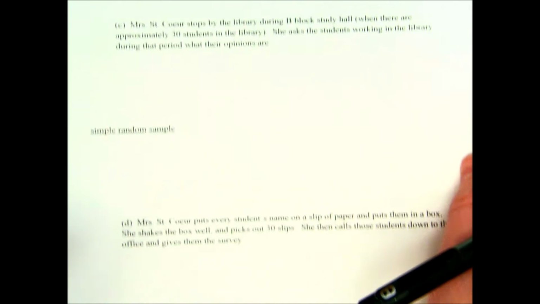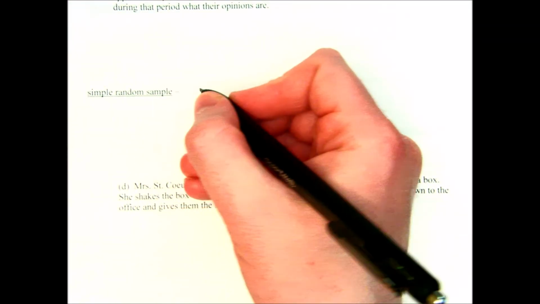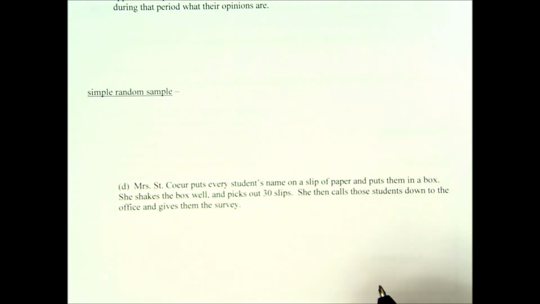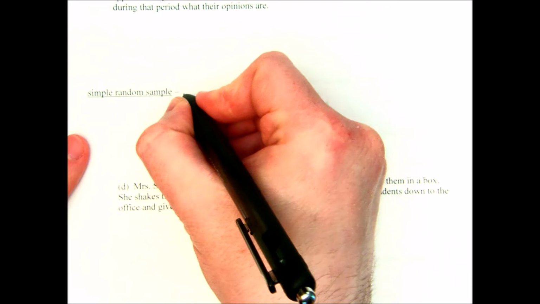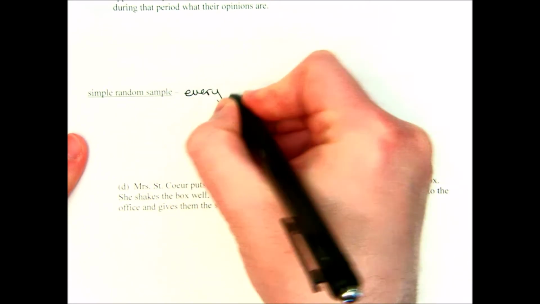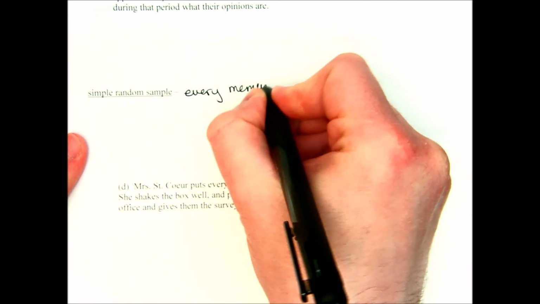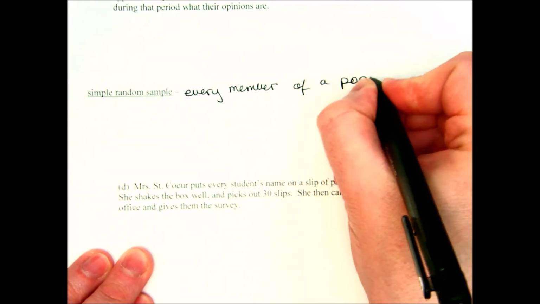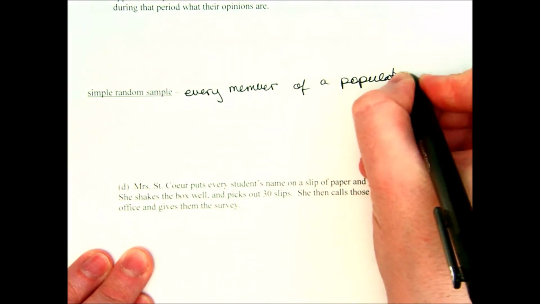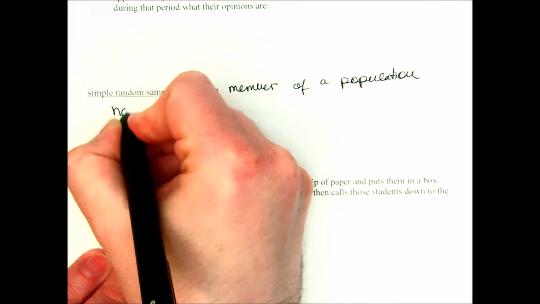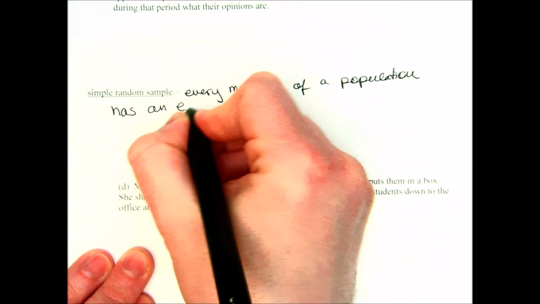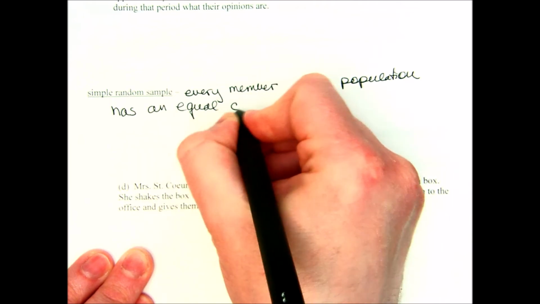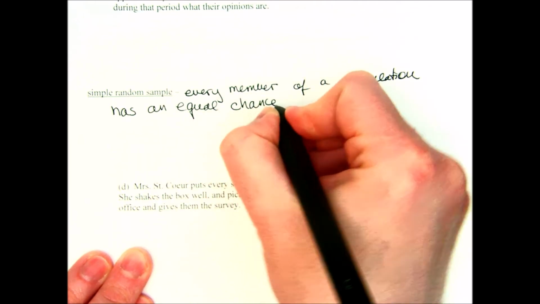One final method is called a simple random sample. In a simple random sample, every member of the population has an equal chance of being selected.